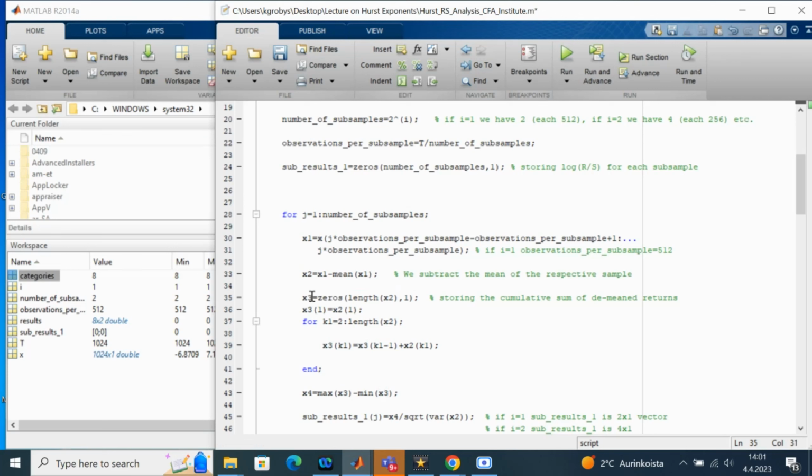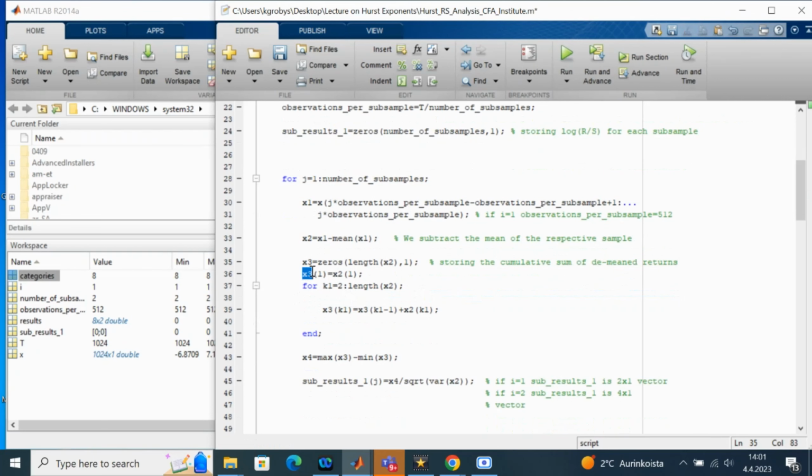What we want to do here is store the cumulative sum of the mean returns. So we set the first element of x3 to be the same as x2.